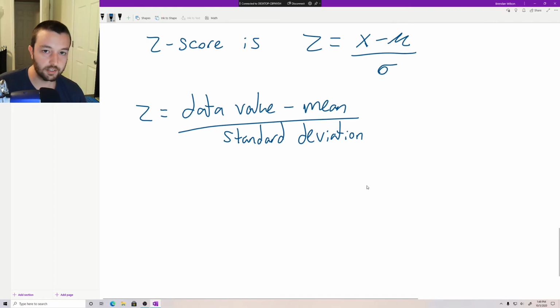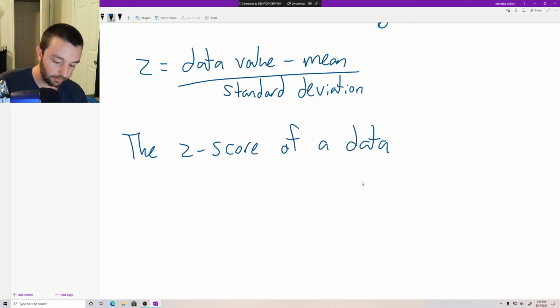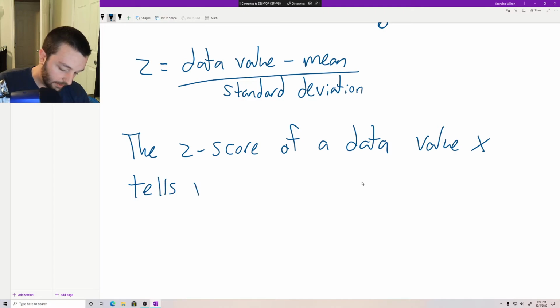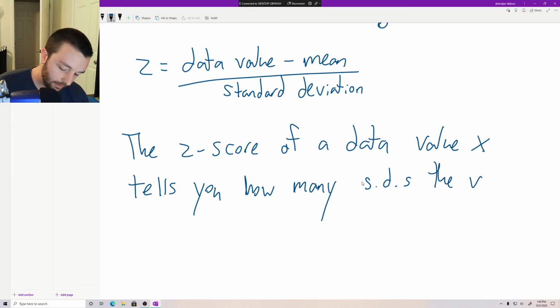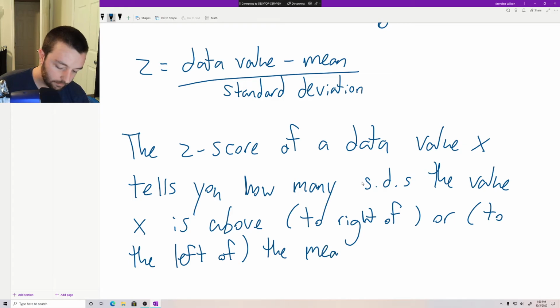So what does the z-score actually tell us? Well, if we calculate the z-score of a data value x, it tells you how many standard deviations the value x is above, which if we graphed it out would be to the right of, or below, which if we graphed it out would be to the left of, the mean.